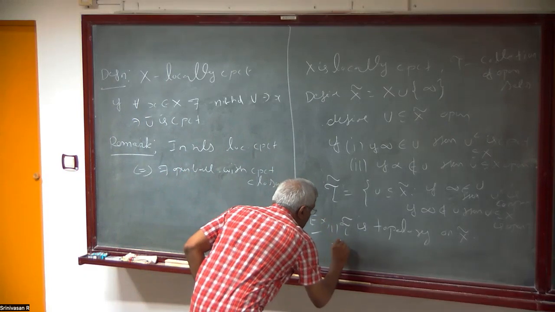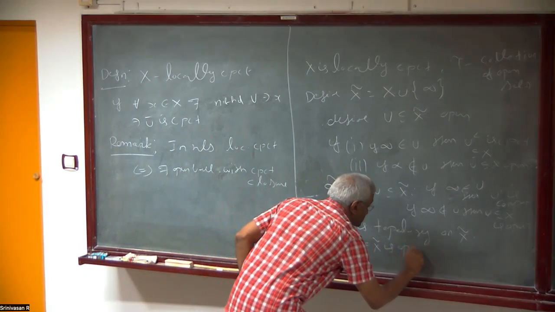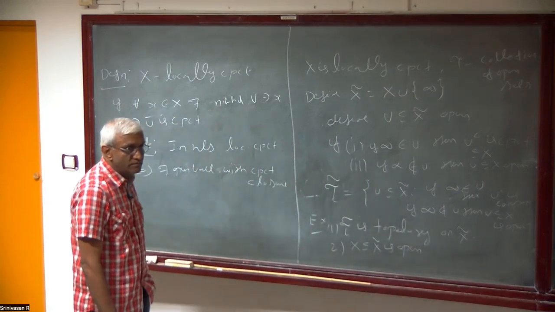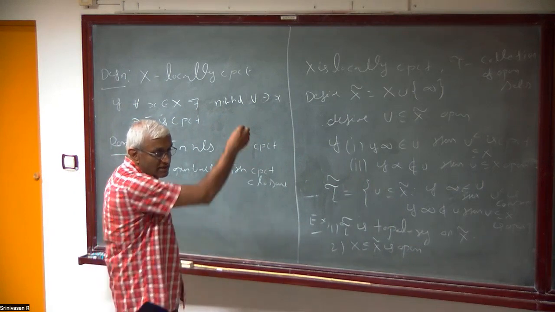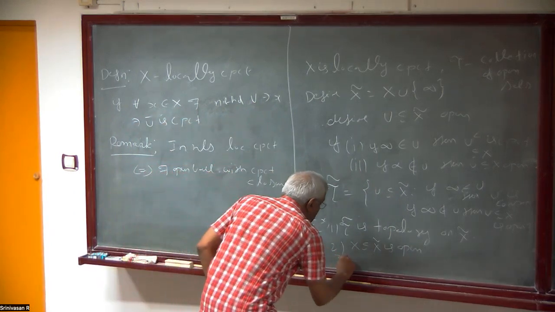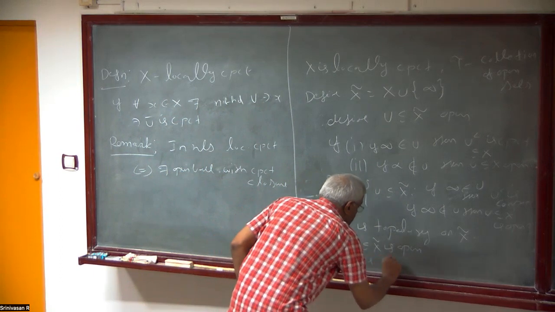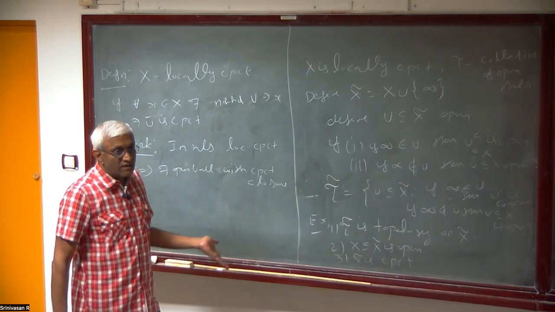This is one statement. The second statement is that X contained in X tilde is open. That is clear because X is open, being the whole set in the original topology tau. The third one is that X tilde is compact. This is also easy to verify.